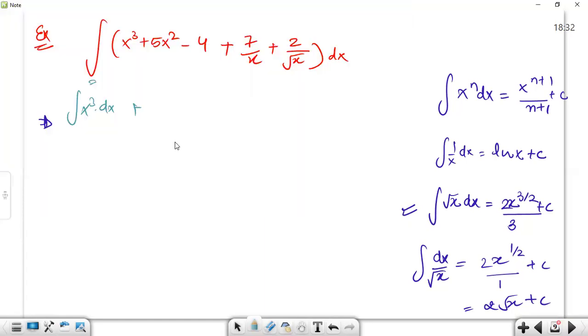This question is based on a very basic property, that first we can divide the function and write the operator with each and every term.